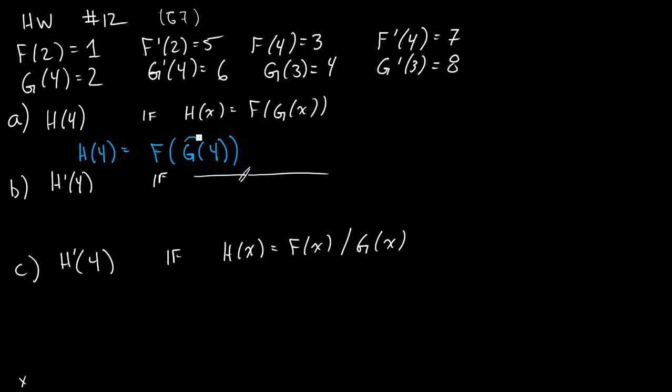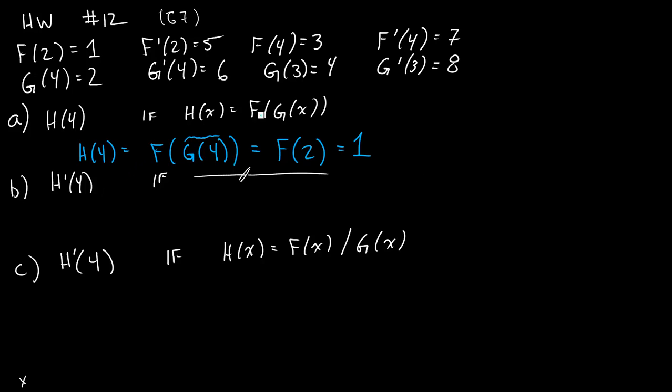So we need to know what g of 4 is. This is the first thing we have to do. It's in the innermost parentheses. It tells us g of 4 is equal to 2. So instead of g of 4, we can write 2. So this is equal to f of 2. And then we can come up here and say, oh, f of 2 is equal to 1. And so that's going to be my answer for h of 4.